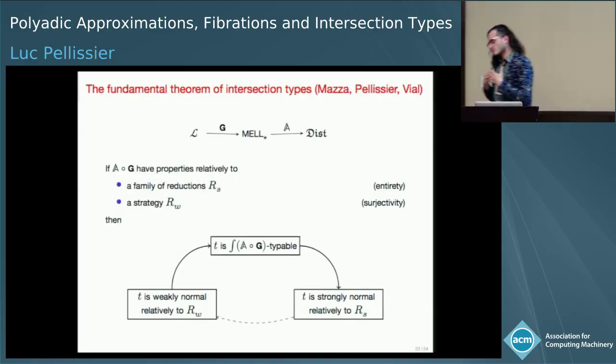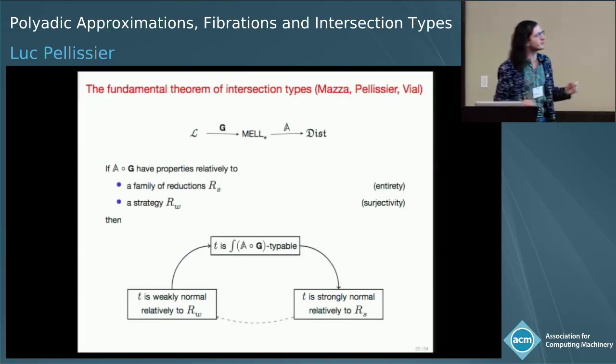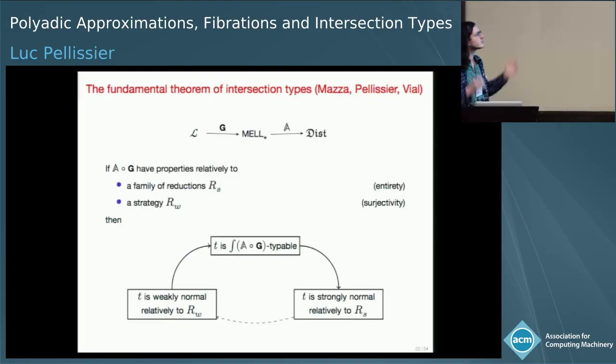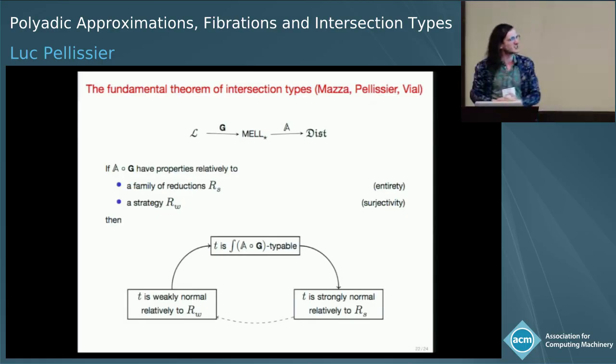So now the stage is finally set to show you the main theorem that we dub the fundamental theorem of intersection types. In the same way that there is a fundamental theorem of analysis or a fundamental theorem of algebra, which is not that interesting, but that exists, we have the fundamental theorem of intersection types.